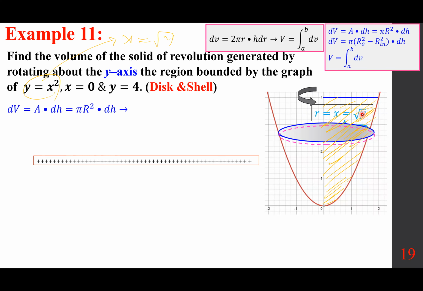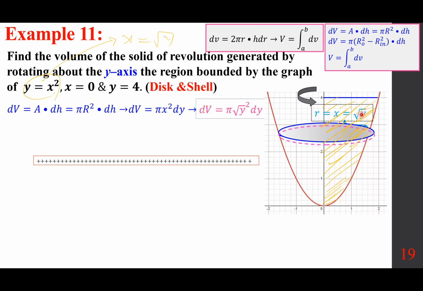So dV, which is area times dh, is pi r squared dh, and r we established to be x, or square root of y, dy.